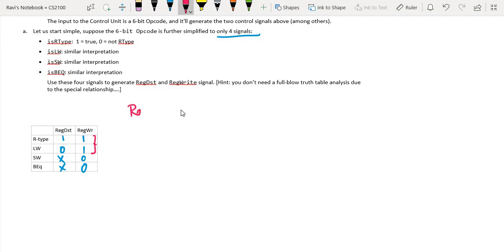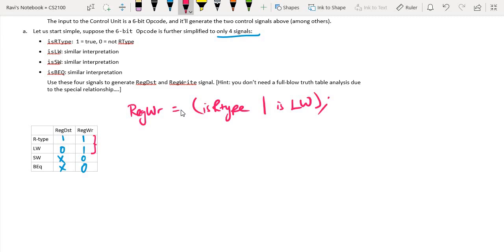So I can say that register write is equal to is R-type or is load word. As long as the is R-type or is load word is 1, then the register write will be set. Now, how about register destination?